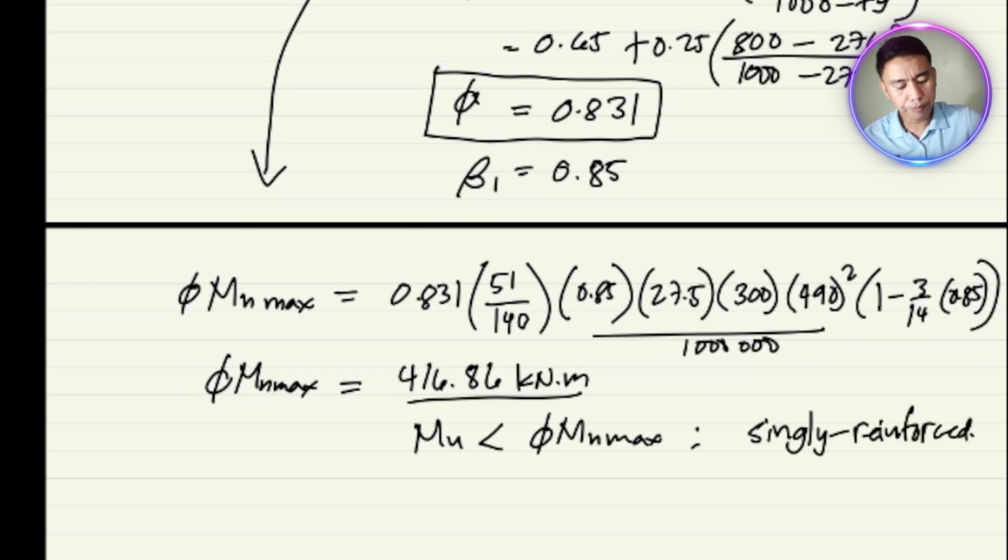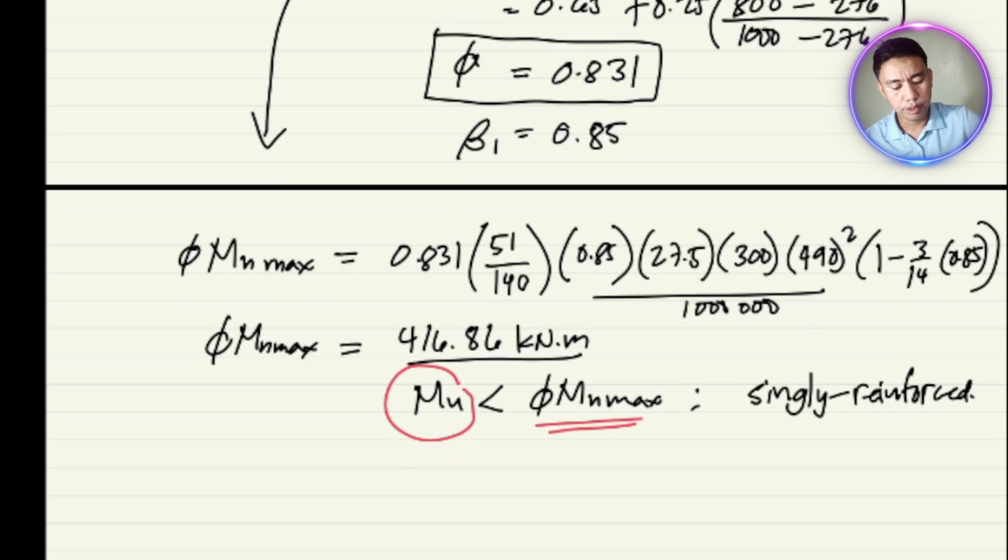Meaning, yung kakalabanin natin na Mu that is coming from the load is kayang-kaya lang ng ultimate capacity ng reinforced concrete area natin, kaya singly reinforced lang yung analysis. Pag hindi na kaya, malaki masyado yung Mu compared to the Mu max, that's the time we proceed to doubly reinforced.